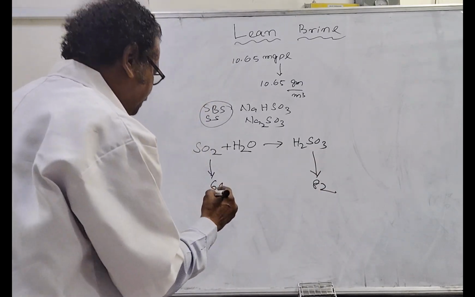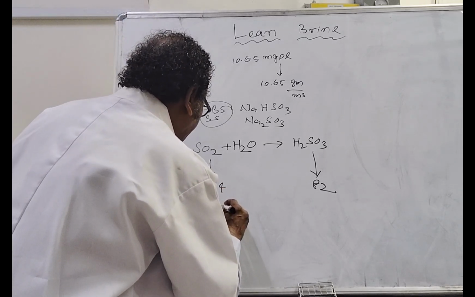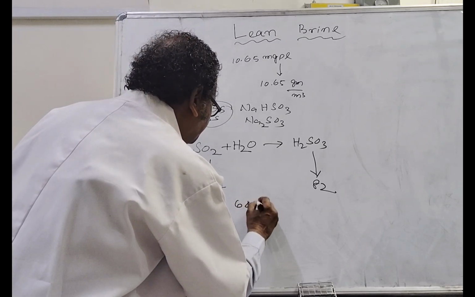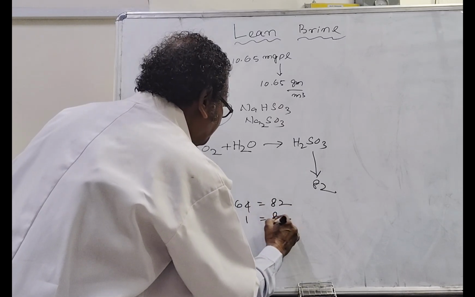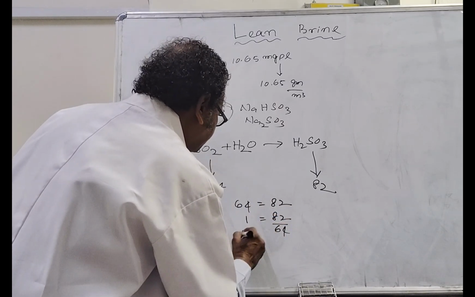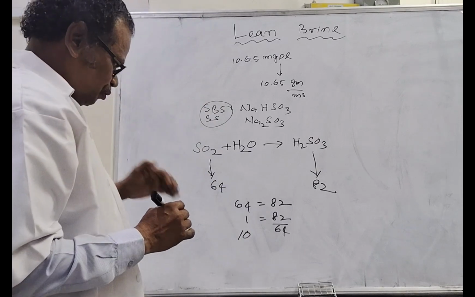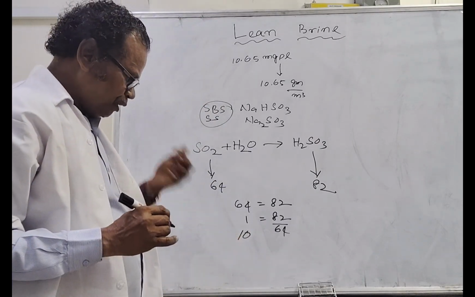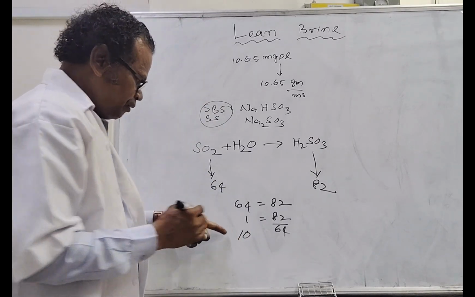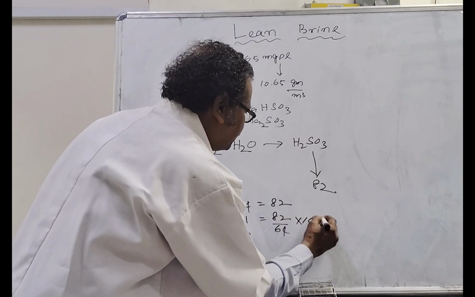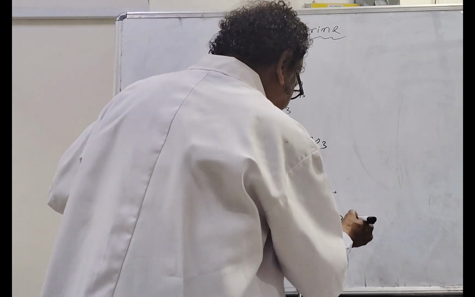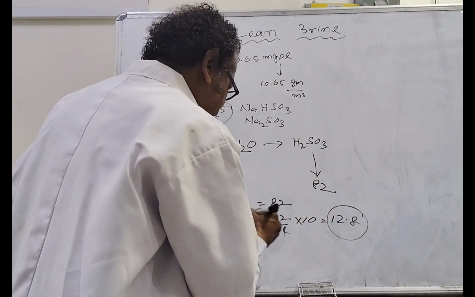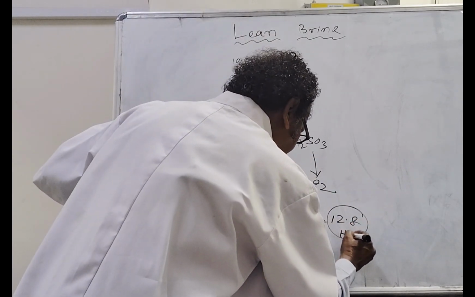Then 64 is equal to 82, so 1 is equal to 82 by 64. We will use 10 gpl, 10 into 1.28 is equal to 12.8, as H2SO3.